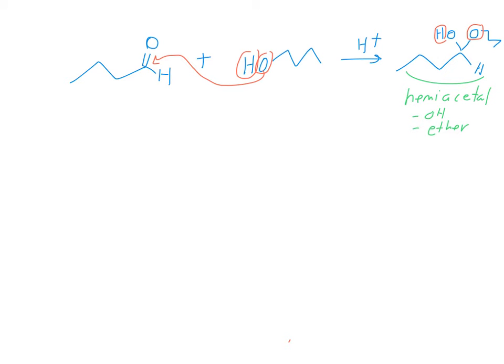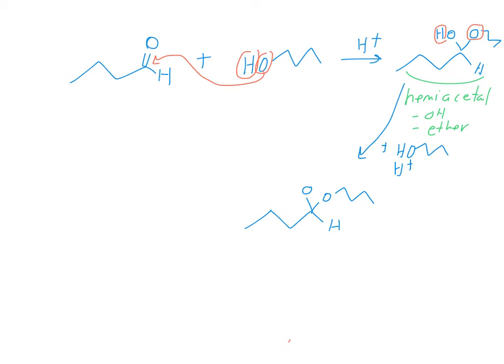So what if this one reacts with another alcohol? Let's use the same alcohol with H+. It forms an acetal. So how is the acetal different from the hemiacetal? Structurally. Does it still have the OH over here? We got rid of that OH.